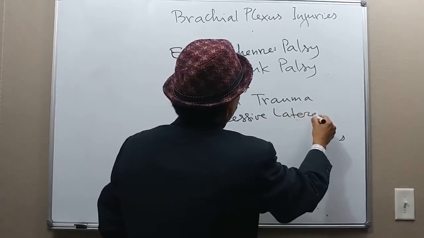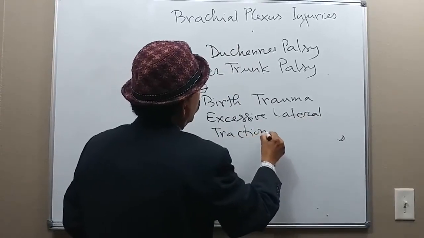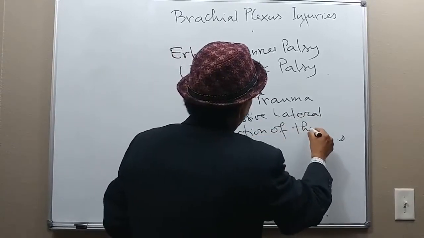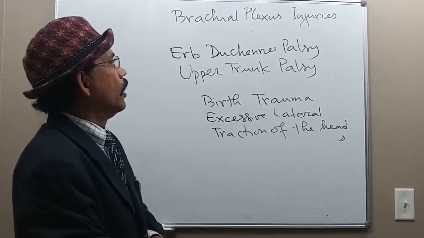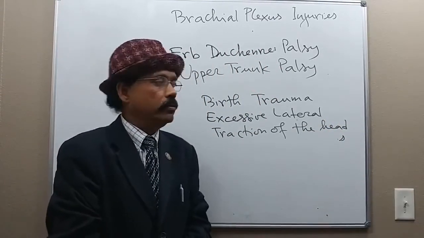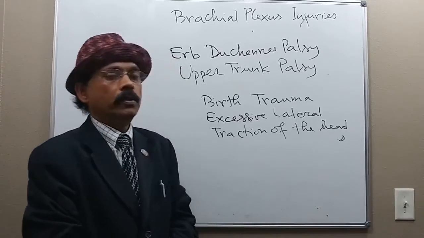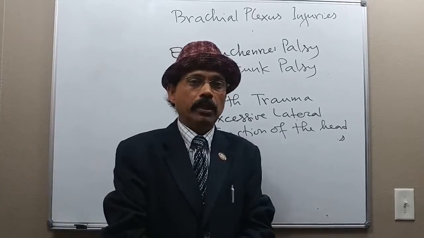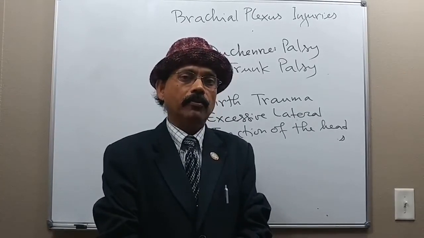That may lead to Erb-Duchenne palsy or upper trunk palsy, or any other trauma that damages the upper trunk of the brachial plexus.